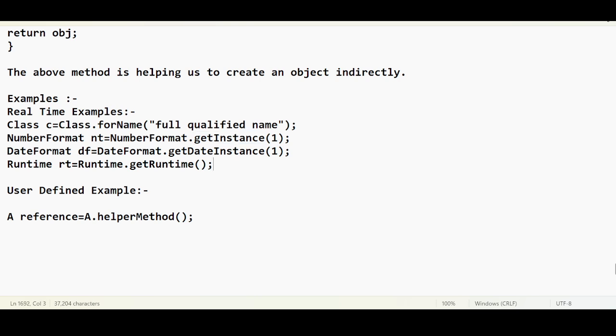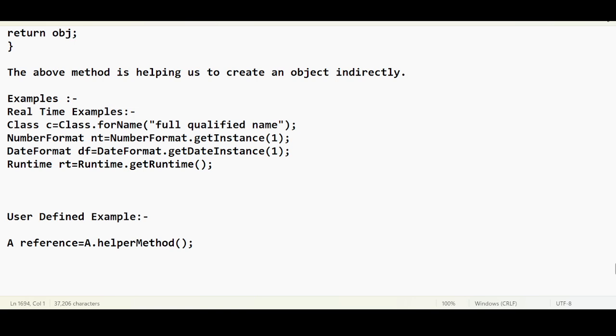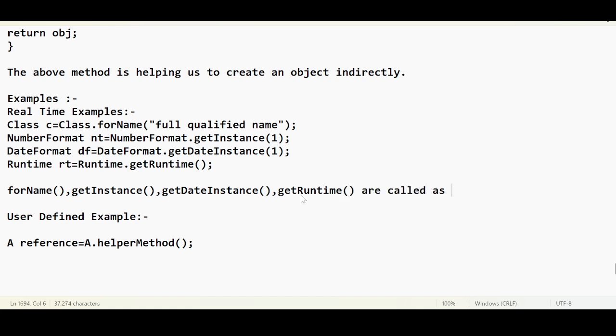All these methods, for NumberFormat, getInstance, all these methods, getDateInstance, getRuntime, all these methods are called static factory methods.